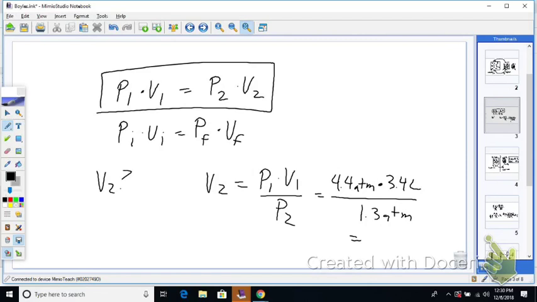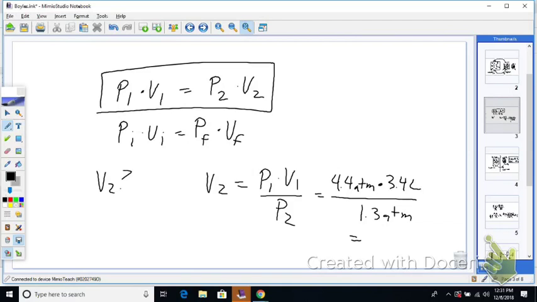What's happening to the pressure? Is it increasing or decreasing? P1 to P2, so it's going from 4.4 to 1.3. Okay? This is about a third. Not quite a third. 1.3 will fit into that a little over 3 times. So what should my volume be? Should it be increased by 3 or decreased to 1/3?